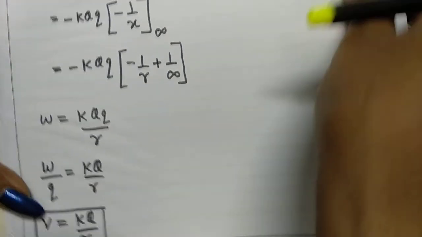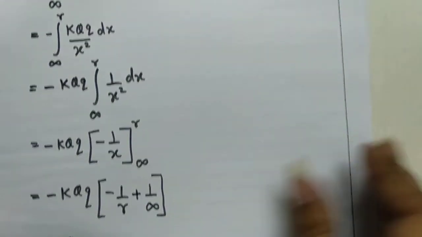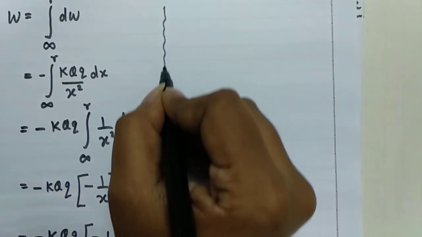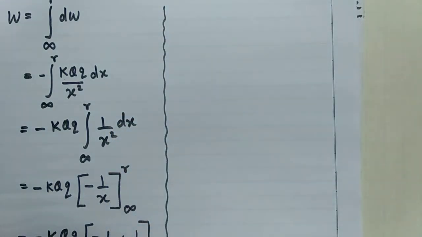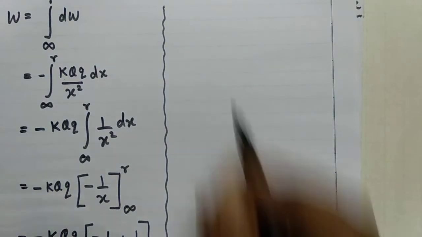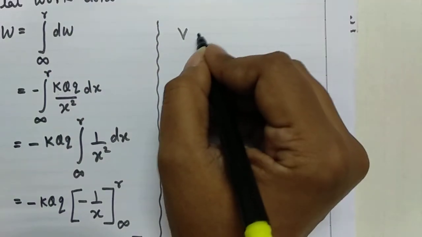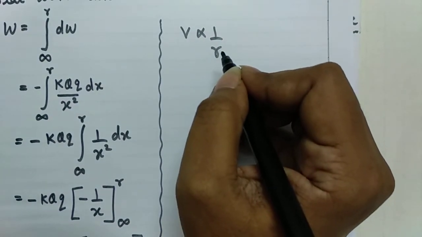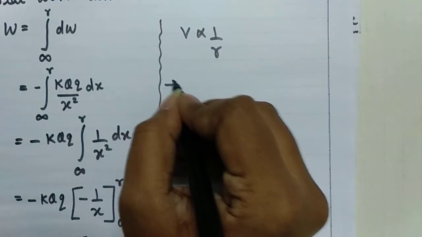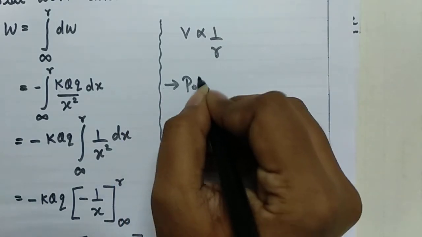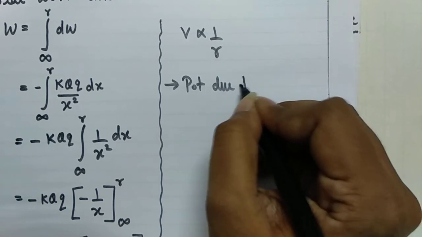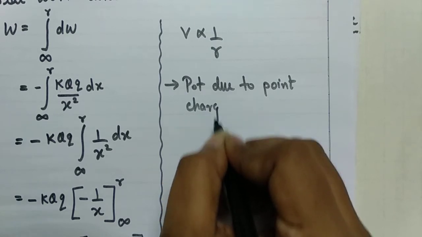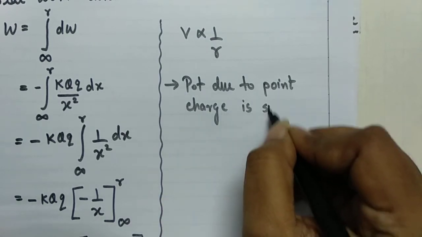So what I will write, potential is proportional to 1 upon r. From this, I can say that the potential due to a point charge is spherically symmetric.